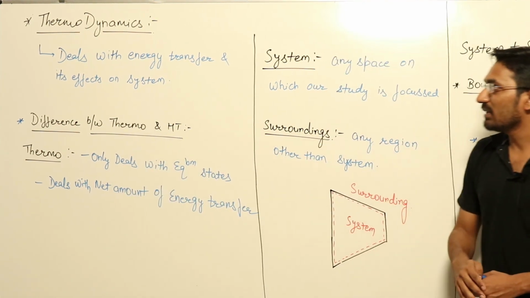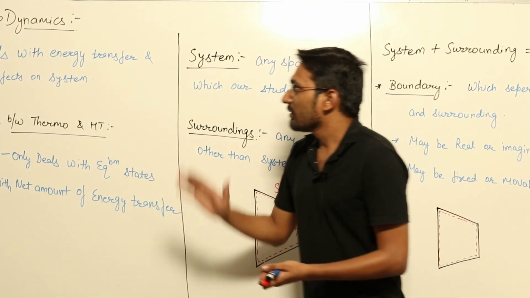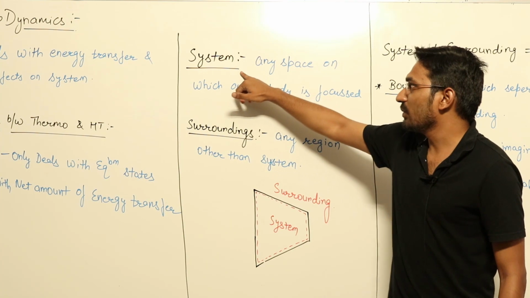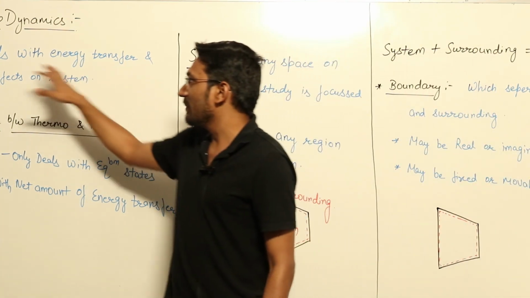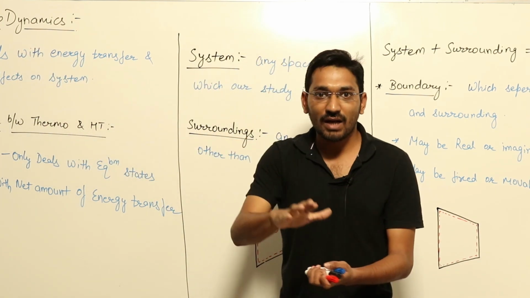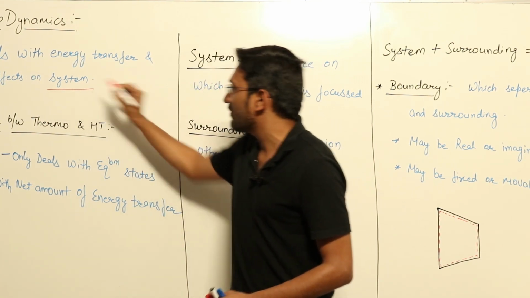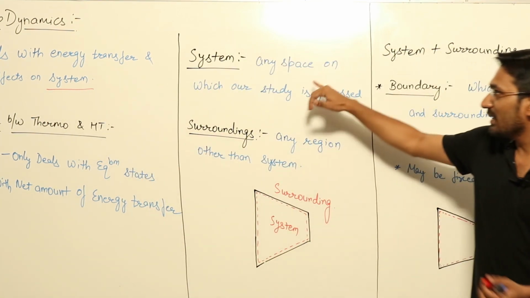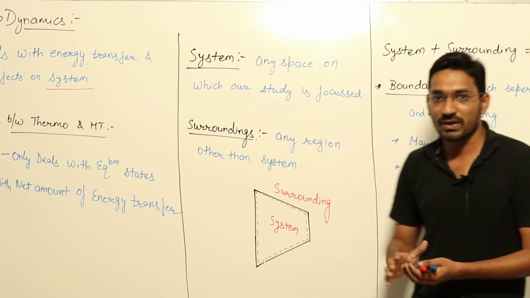Now let us start with the basic terminology of thermodynamics. First, in thermodynamics we have to understand what is the meaning of system. As we know, thermodynamics is that branch of science which deals with energy transfer and its effect on your system. What is the meaning of this system? A system is any space on which our study is focused.